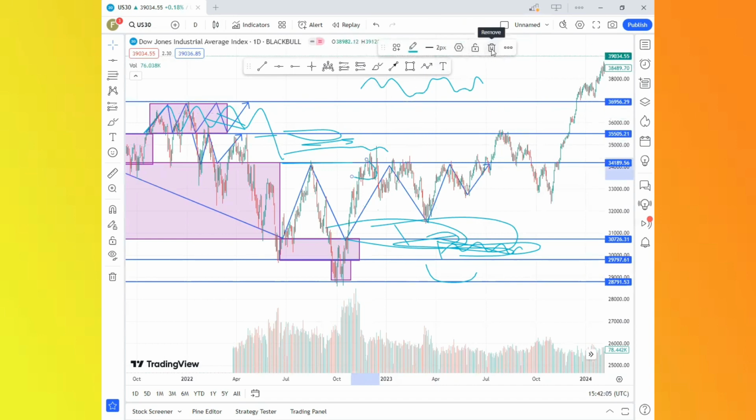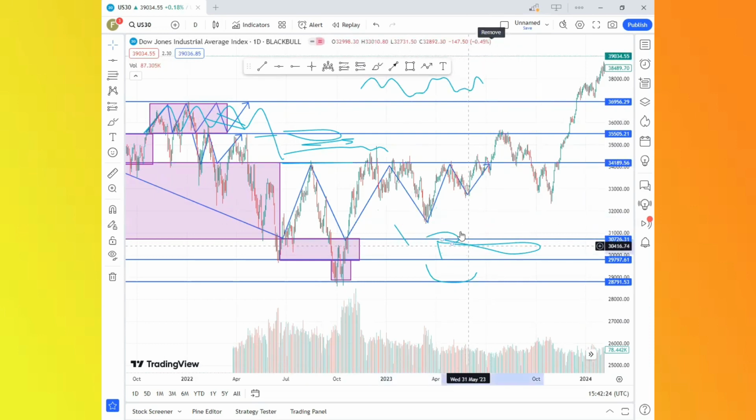Okay, I think this is enough for now. I think you guys can actually see more in detail how we actually cater for such moves. Let me also remove this one here so that we can have a much more clear chart.